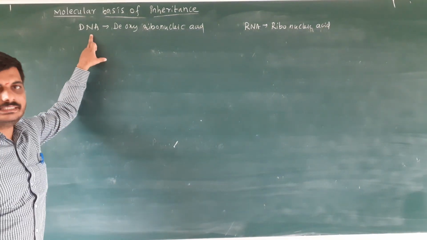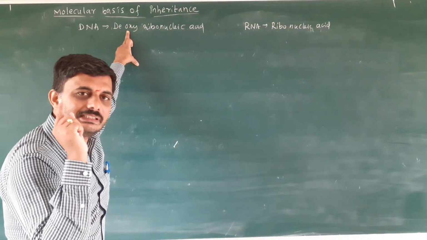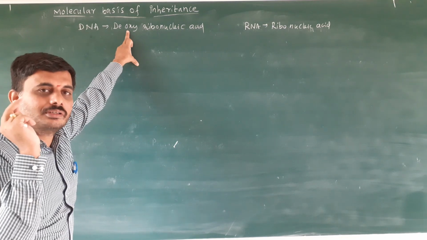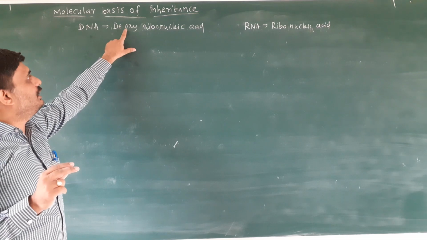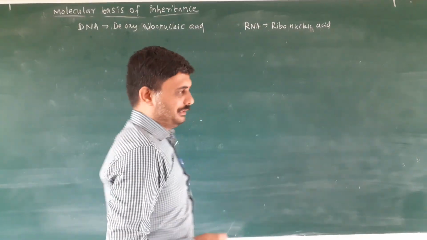DNA is deoxy, which means the oxygen atom is less at the 2' carbon of the sugar moiety. So it is called deoxyribonucleic acid. And the RNA is called ribonucleic acid.